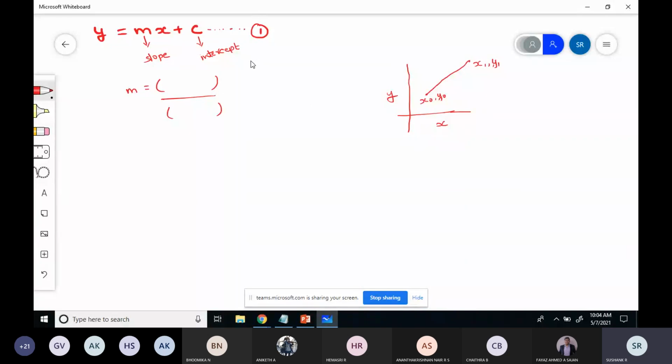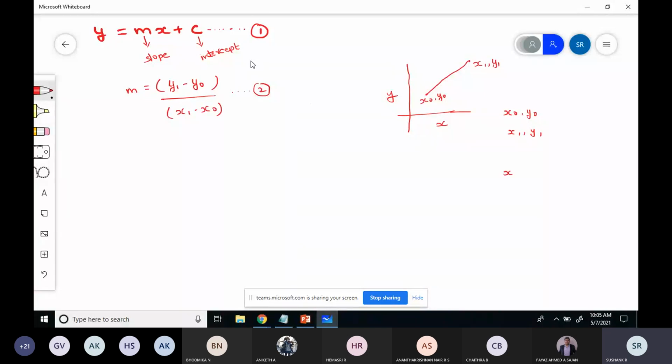Here the difference in y is y1 minus y0, and the difference in x is x1 minus x0. This will give you the value of the slope. Here I'm considering the positions as x naught, y naught and x1, y1.